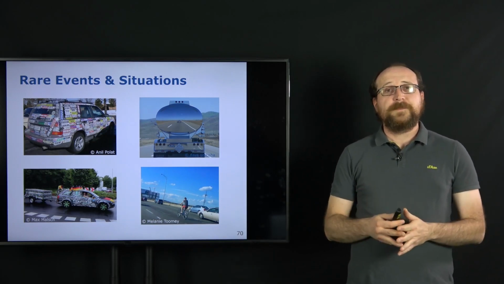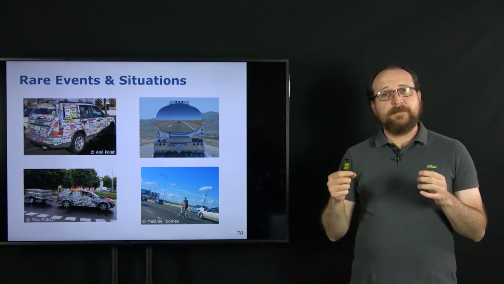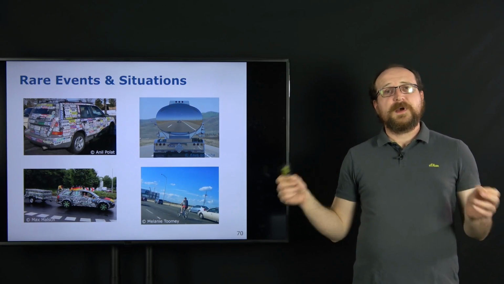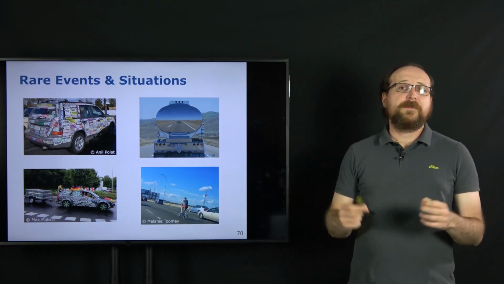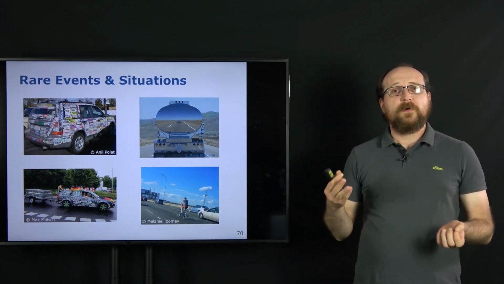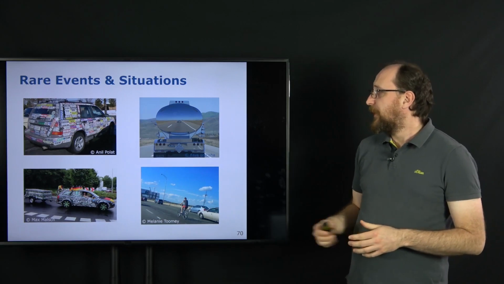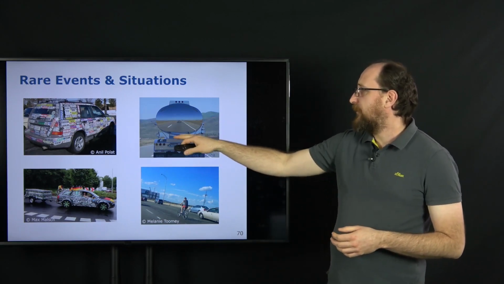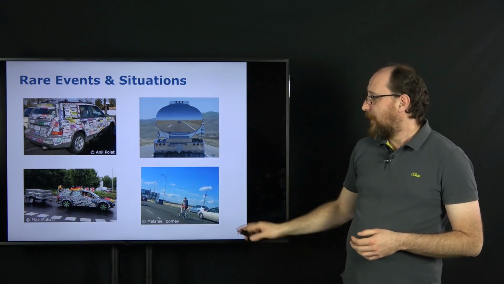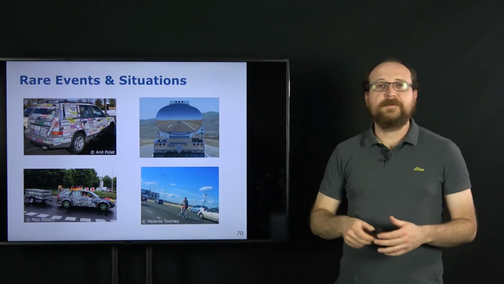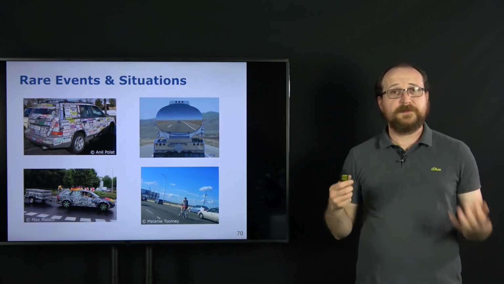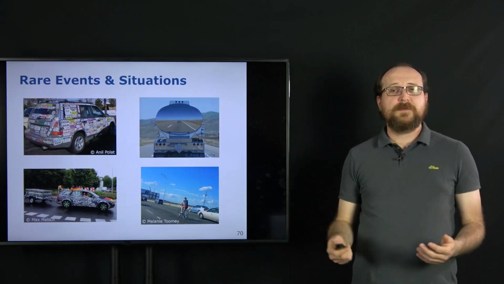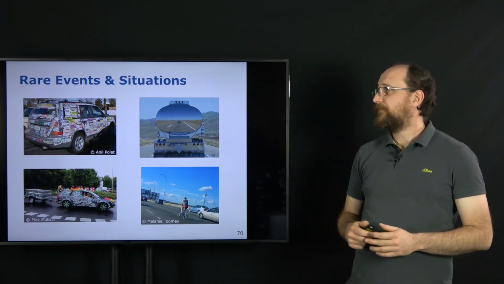The software on these cars is shared, and therefore it should react accordingly. Another example is this truck that has reflections from other cars in the background, or this guy driving on the highway. All these situations somehow have to be gracefully handled.